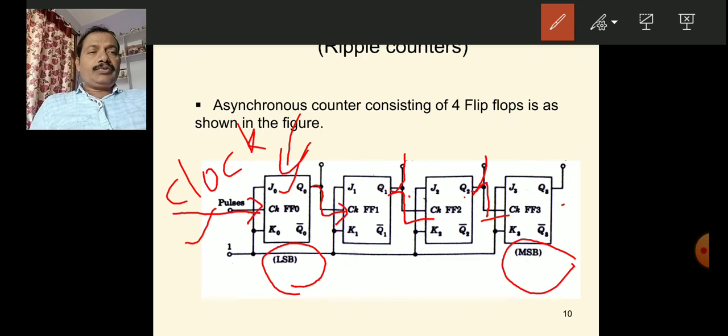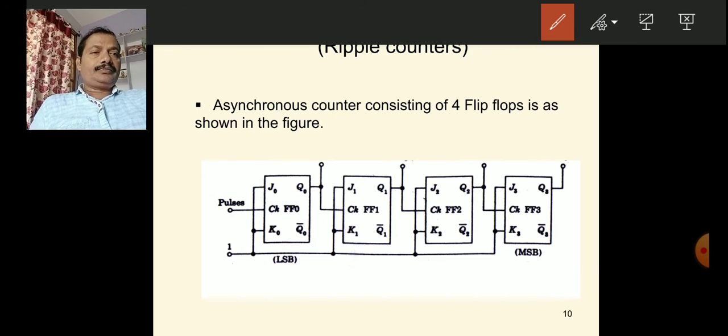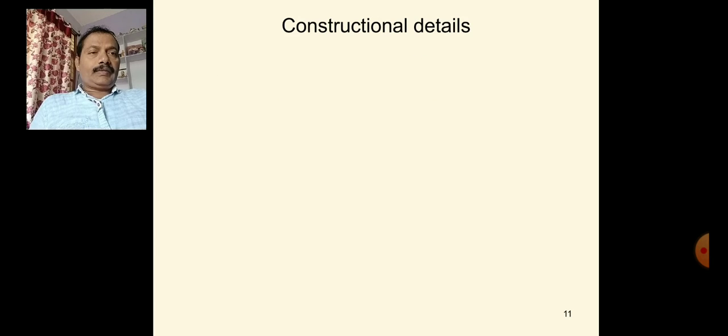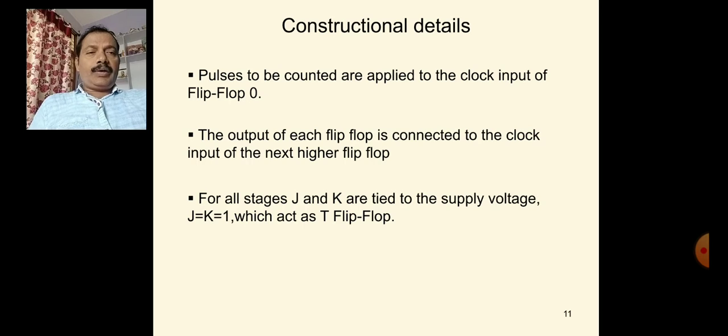You have to treat Q3 as the MSB and Q0 as the LSB. So this is all we have discussed: how the first flip-flop FF0 receives the main clock, and how the next flip-flops receive clock inputs from the previous flip-flops' outputs.